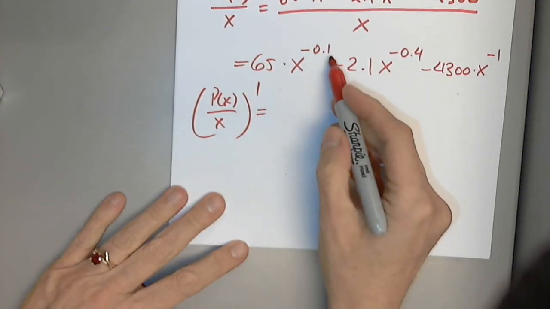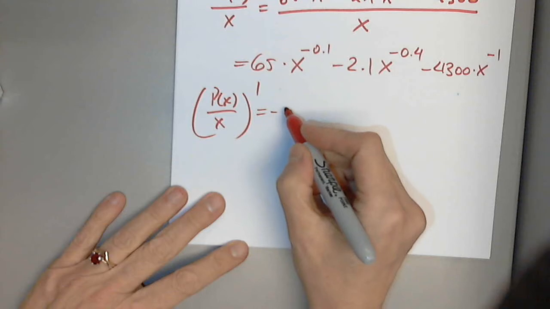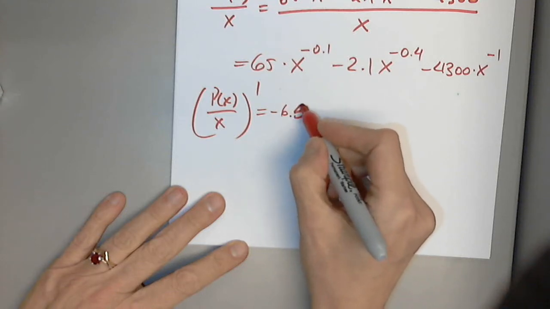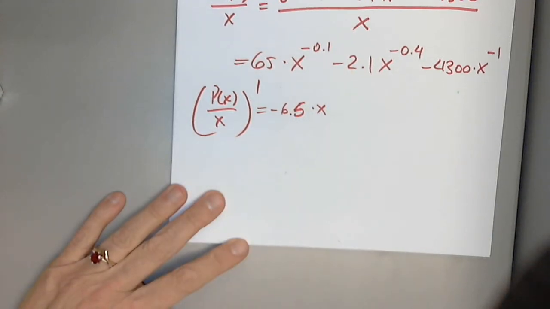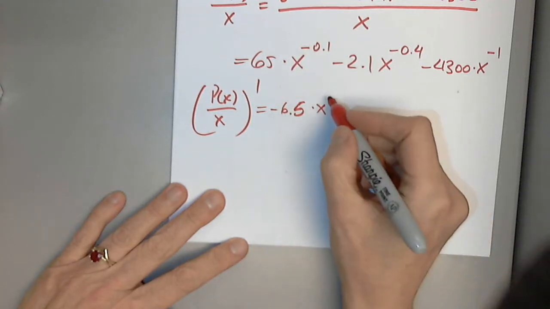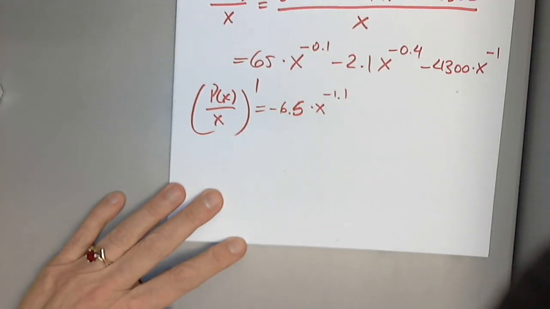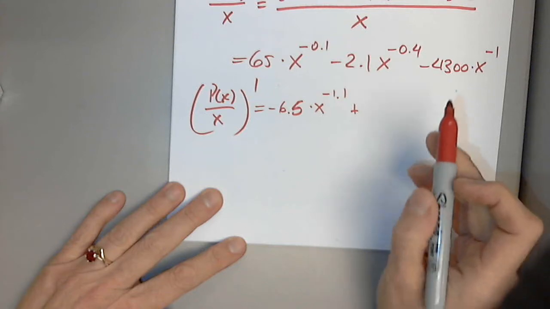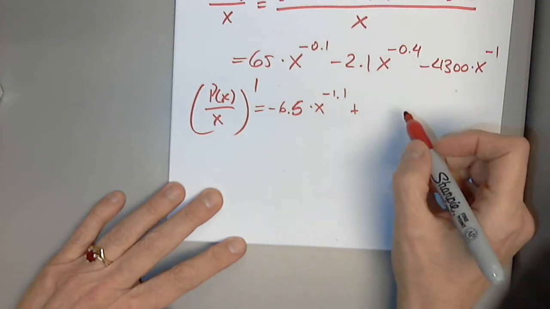I get negative 0.1 times 65, negative 6.5, times x to the negative 0.1 minus 1, that is negative 1.1, plus 0.4 times 2.1.